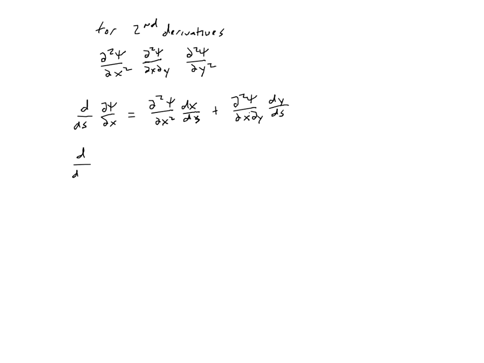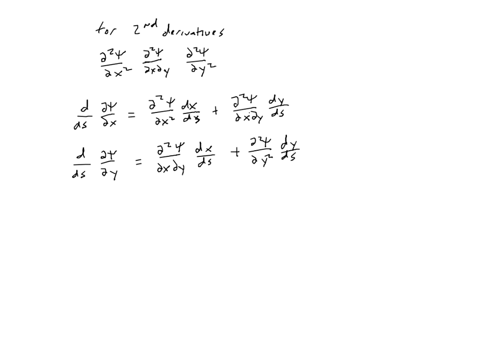And then you've got the same thing, but for the derivative with respect to y. So you've got the second derivative of psi with respect to x and y, dx ds, and the second derivative of psi with respect to y, dy ds.